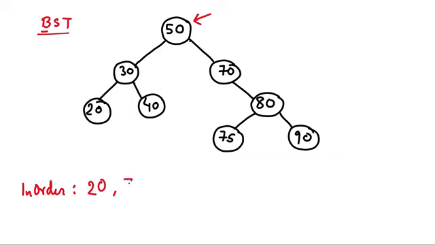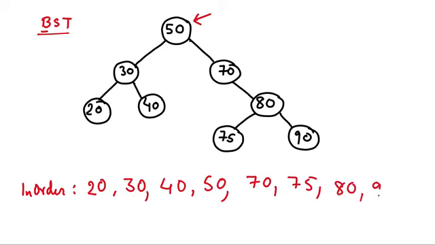So it will then print 30 and then print the right subtree, and then this will return to 50 and it will print 50, and then similarly it will do for the right subtree and it will print 70, 75, 80 and 90. So this is the in order traversal. So we see that all the elements are in the sorted order.